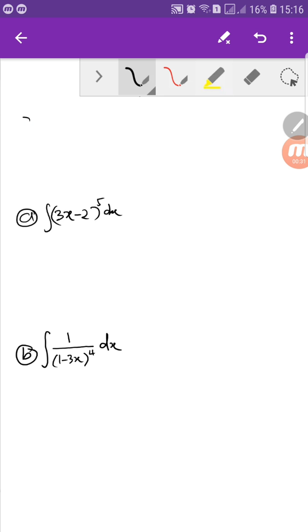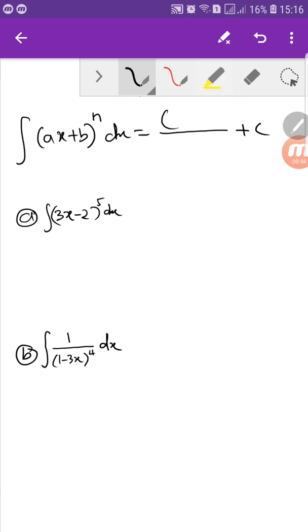I would say in a form of something like this: (ax plus b) to the power of n, where ax plus b is just some random linear function. If you want to integrate this whole thing in terms of x, the formula is, plus c.